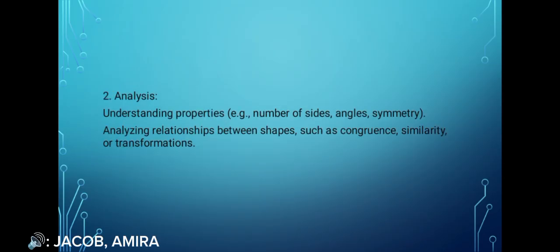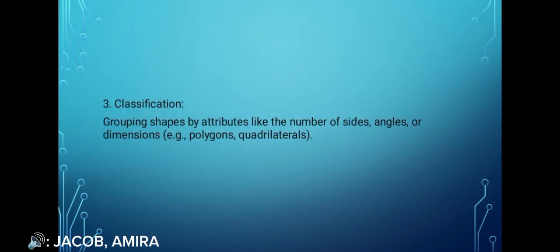Number 2, analysis, understanding properties, number of sides, angles, analyzing relationships between shapes such as congruence, similarity, or transformations. Number 3, classification, grouping shapes by attributes like the number of sides, angles, or dimensions.